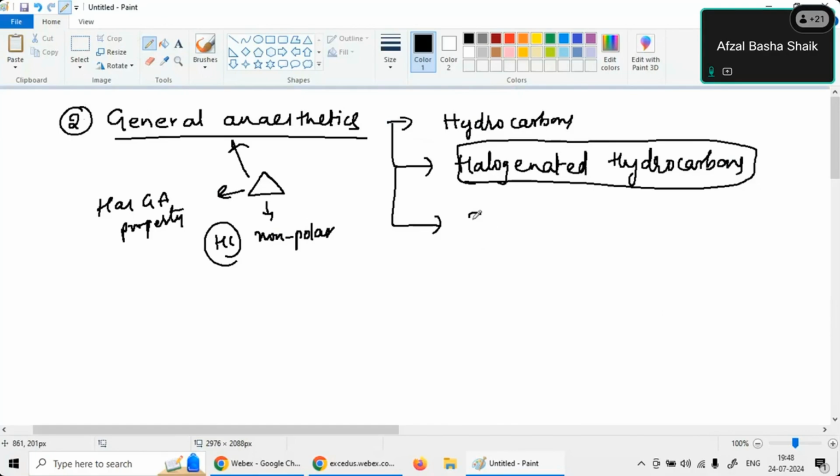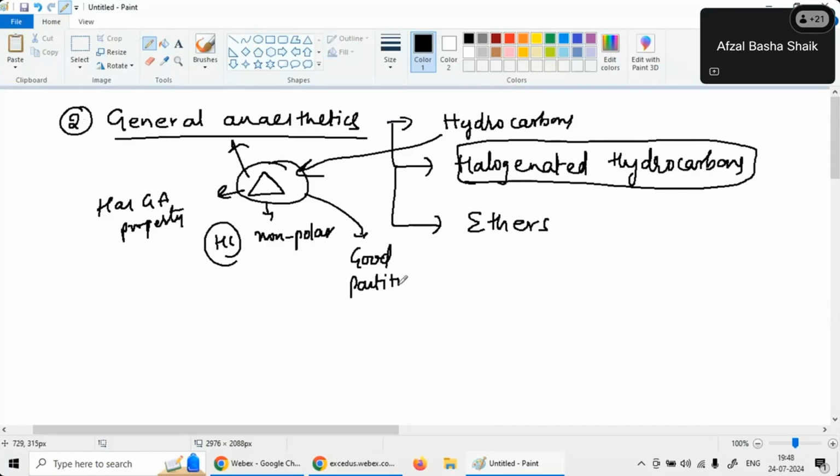As well as you can also take ethers. Ethers have anesthetic property, right? So for example, this is one example for the hydrocarbon, cyclopropane. This has a good partition coefficient, and it will cause general anesthesia.